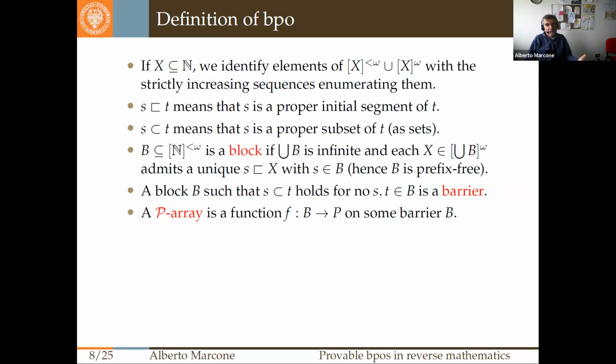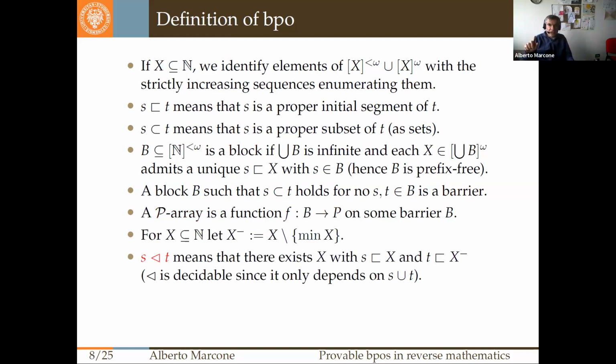So actually, the sequences indexed by numbers, by omega, which we're using in the definition of well-partial order, are a special kind of P arrays when we identify a number with its singleton. So we are still looking at a generalization of those sequences, more general sequences here.